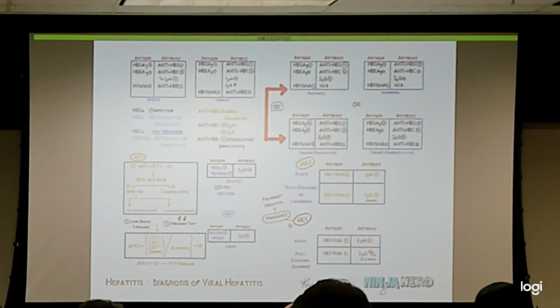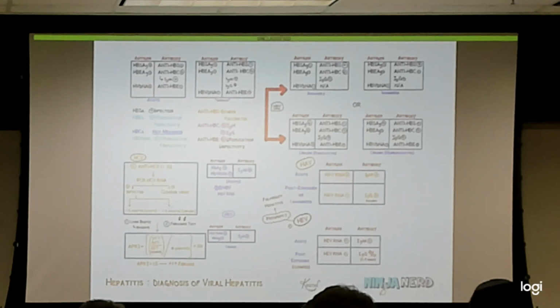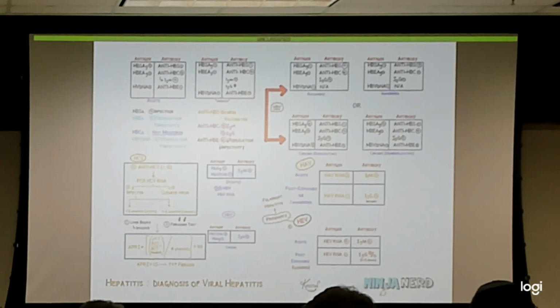And so here's a cool little chart. Again, my Ninja Nerd friend. He kind of gives you that acute phase. The window is basically in your prodrome or icteric phase, so that's going to tell you the antigen and the antibody, what things you're going to see there, and then what it looks like during recovery, as opposed to immunized.